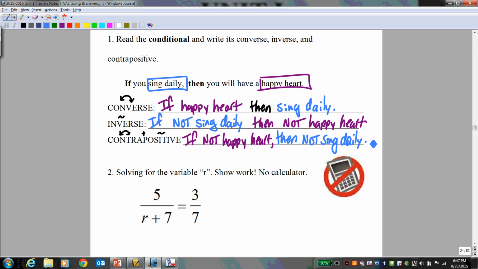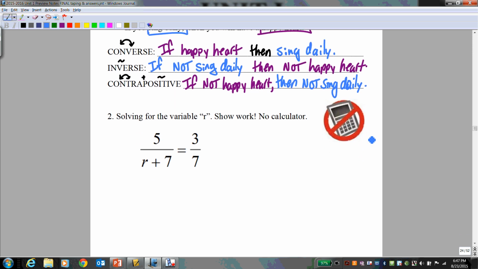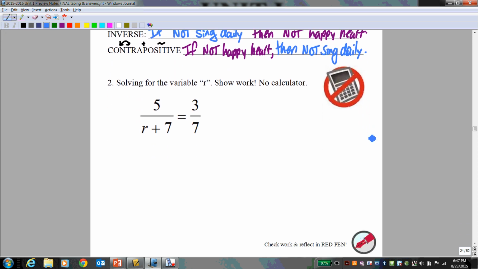Check your work. Ready? We're going to solve for the variable. You weren't supposed to use a calculator, so step number 1 is we cross multiply, and we do not actually multiply in our heads. I always like to write it out longhand. That way you're less likely to make simplistic mistakes. And then we're going to go this way, 3 parentheses r plus 7.